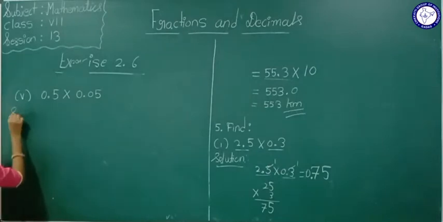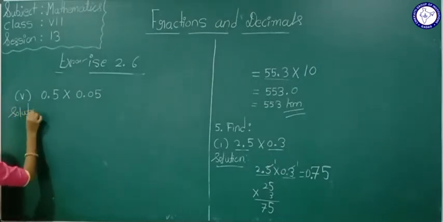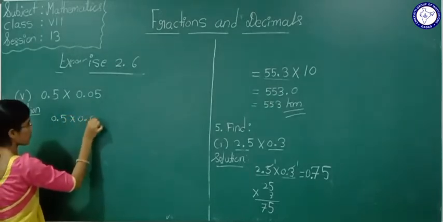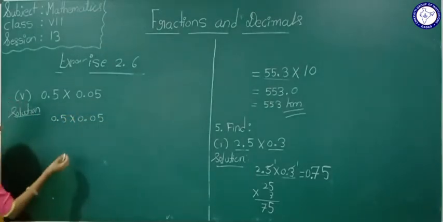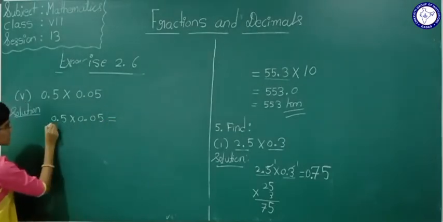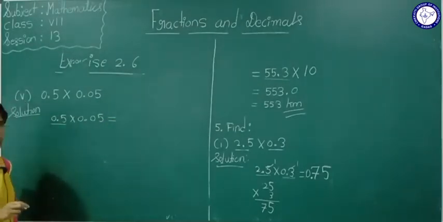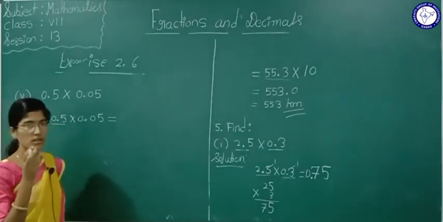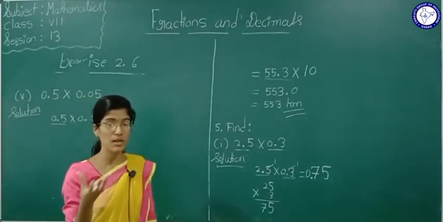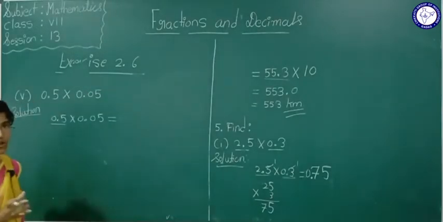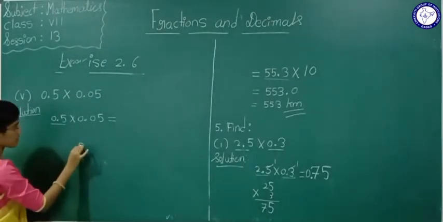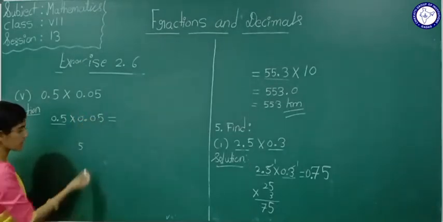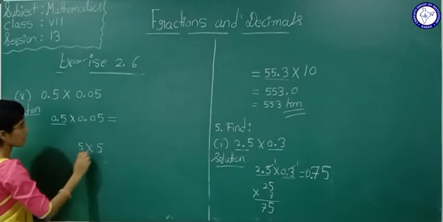Solution. 0.5 into 0.05 is equal to what? Multiply them as normal whole numbers. 0.5 is nothing but 5, remove the point, it will become 005. 005 is nothing but 5. 5 5s are how much, students?